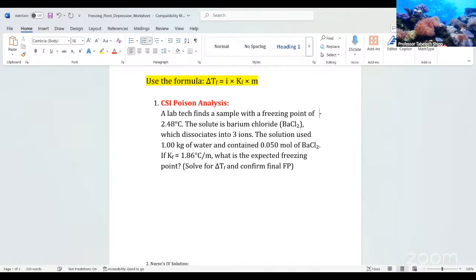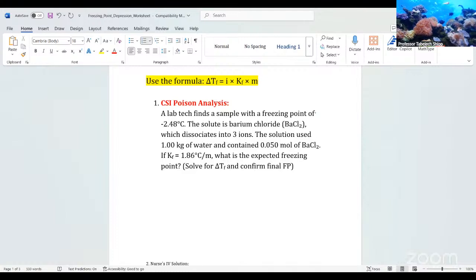It says a lab tech finds a sample with a freezing point of negative 2.48 degrees Celsius. The solute is barium chloride, which dissociates into three ions. The solution used 1.00 kilograms of water and contained 0.050 moles of barium chloride. If K of F is equal to 1.86 degrees Celsius per molality, what is the expected freezing point?